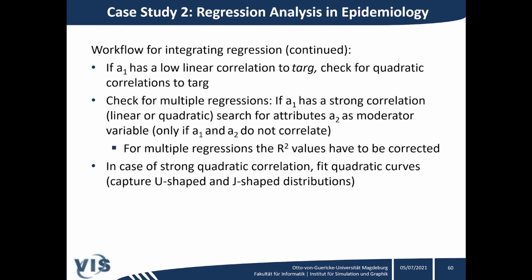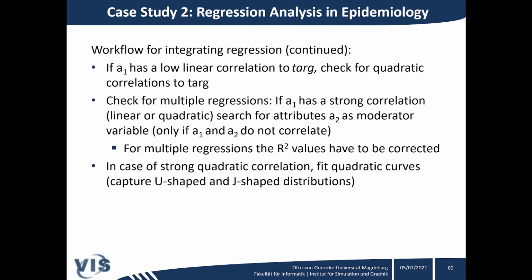If A1 has a low linear correlation to the target variable, then we can check for quadratic correlation to the target variable. So check for multiple regressions. If A1 has a strong correlation, either linear or quadratic, search for attributes A2 as moderator variable only if A1 and A2 do not correlate.